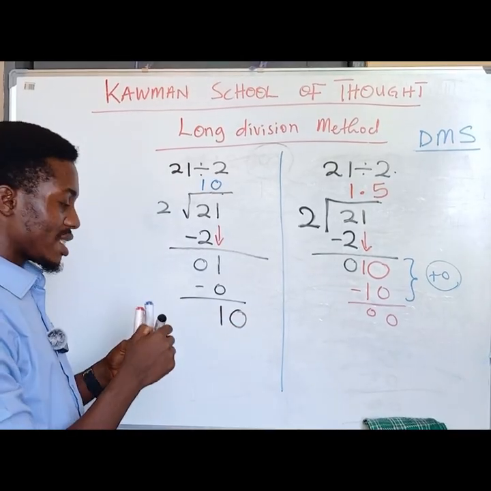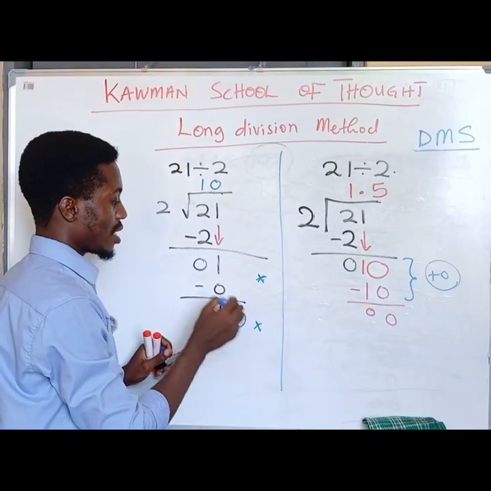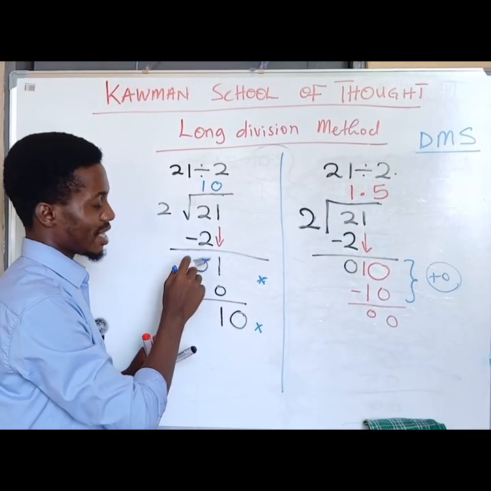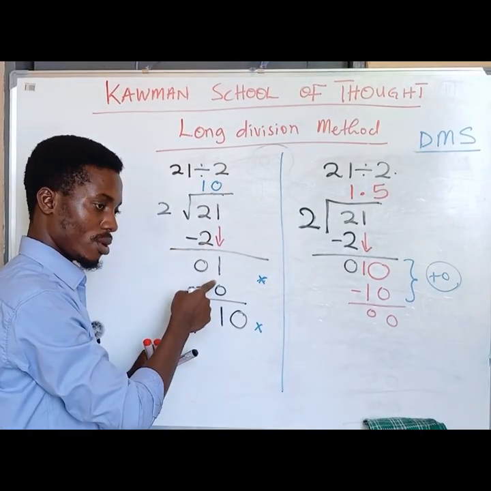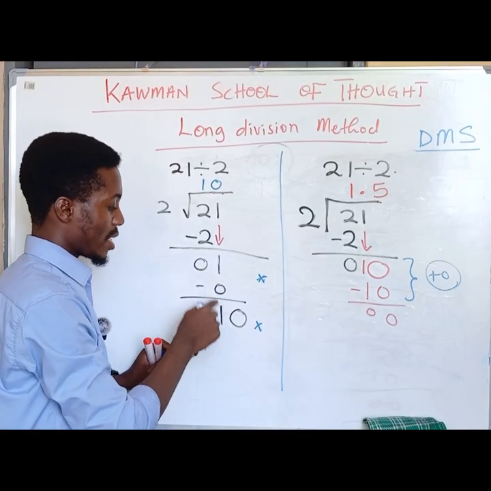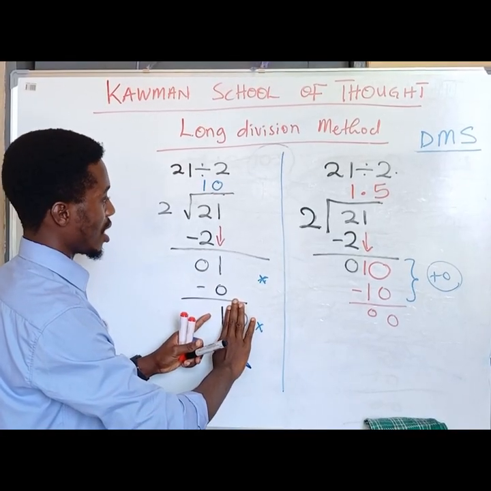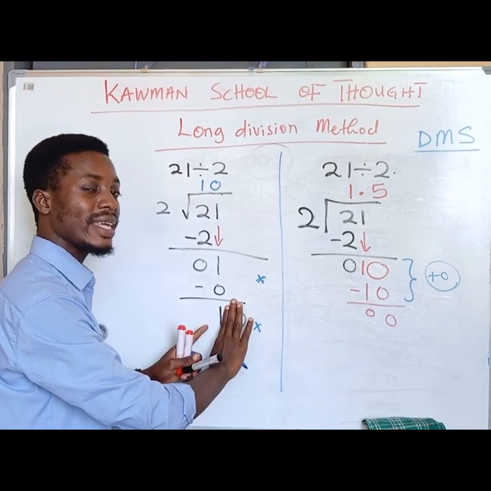Mind you, what is the difference between this side and this side? On this side, it wasn't a remainder, it was a fresh number you brought down from the top. But this one you got after you subtracted, so this becomes a remainder.